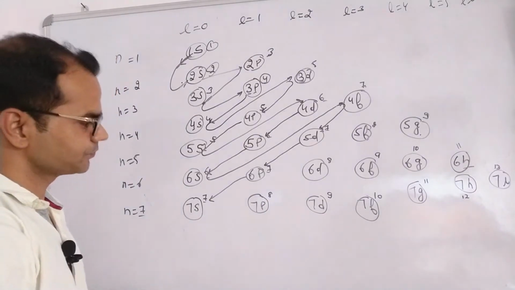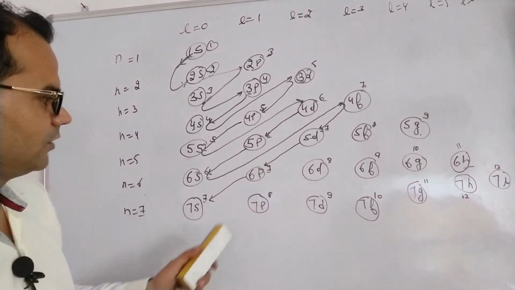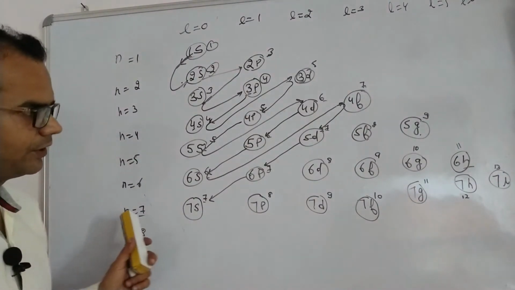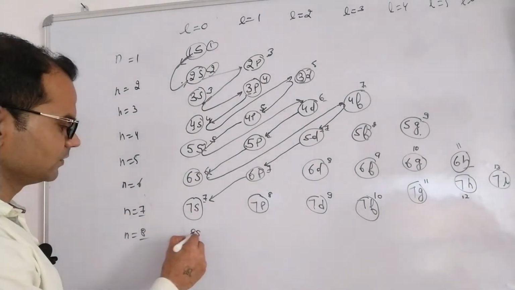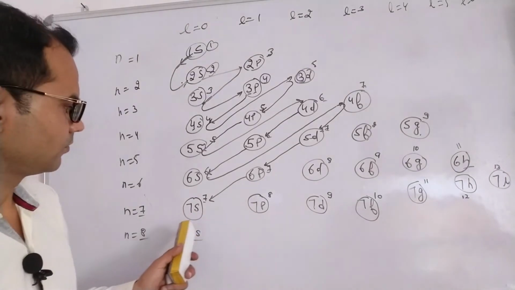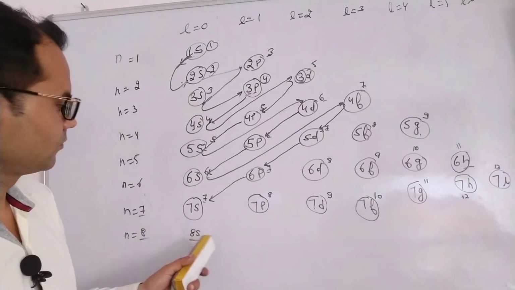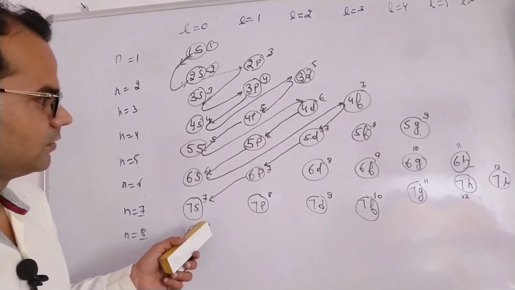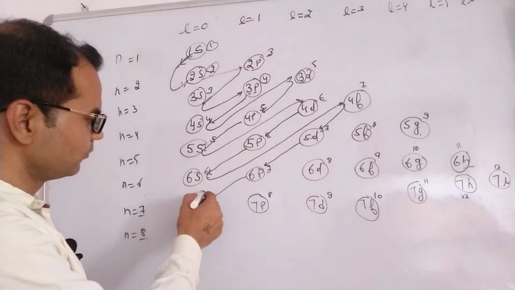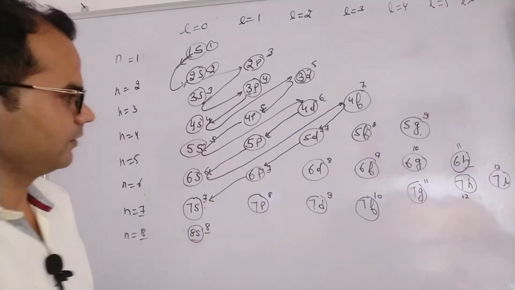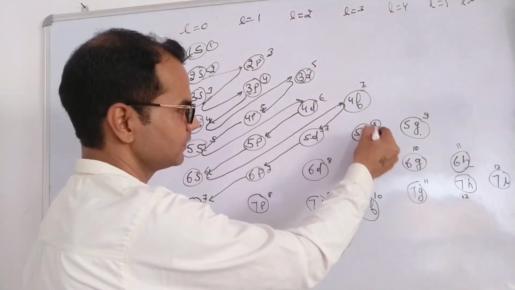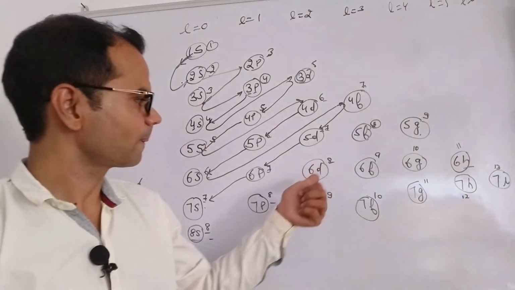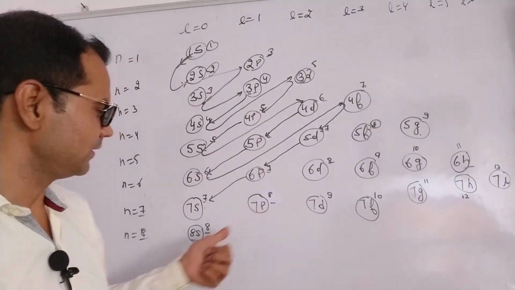Next value is 8. So if we have period number 8, then the orbital will be 8s. If we move from 7 to 8, we have 4 orbitals: 5f, 6d, 7p and 8s.